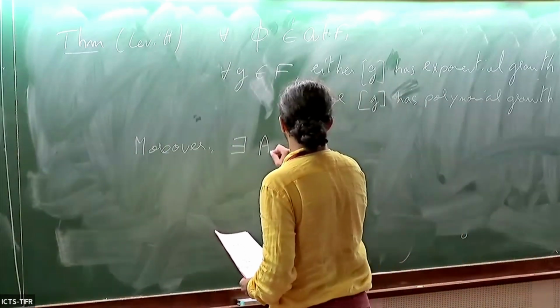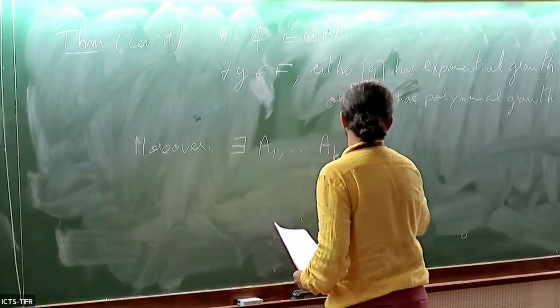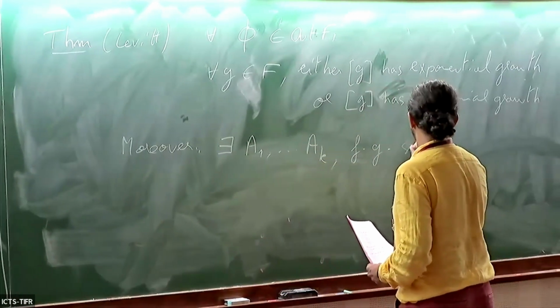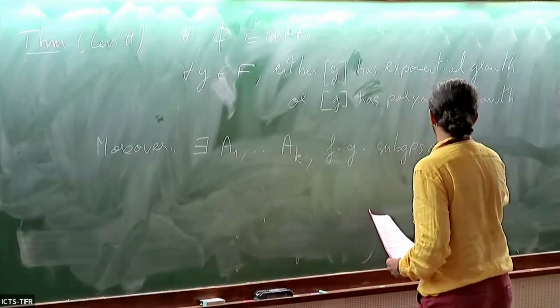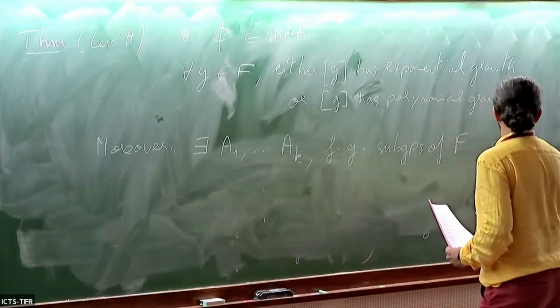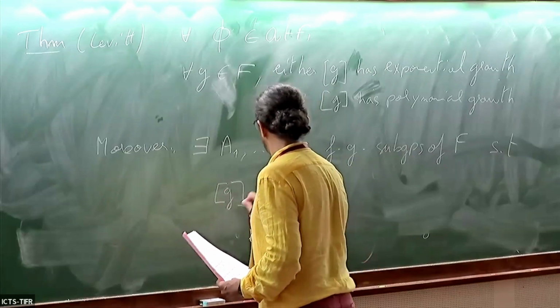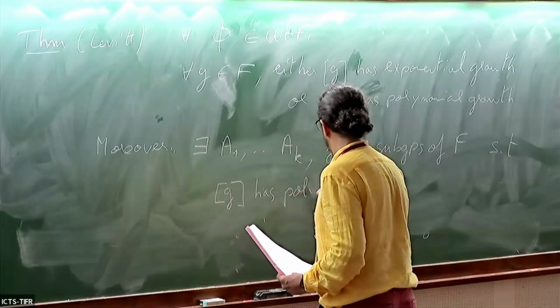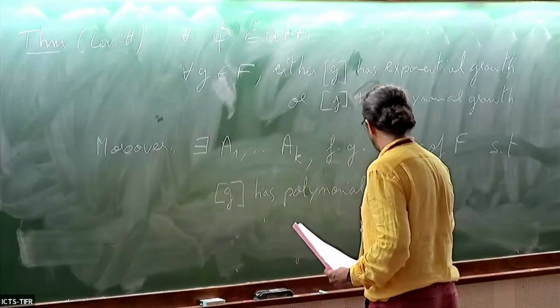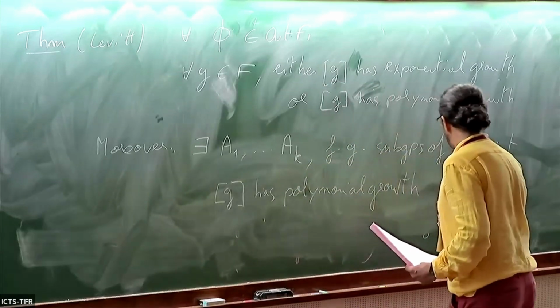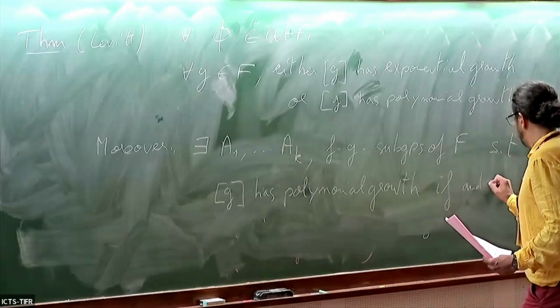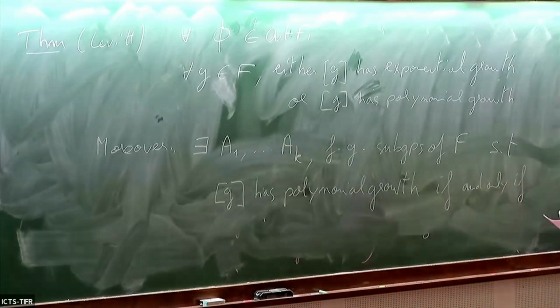There exist A1, ..., AK, finitely generated subgroups of F, such that G has polynomial growth if and only if it intersects one of these groups.